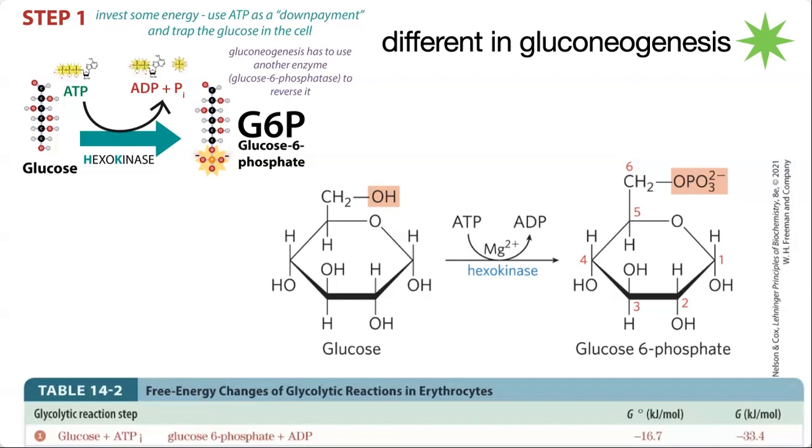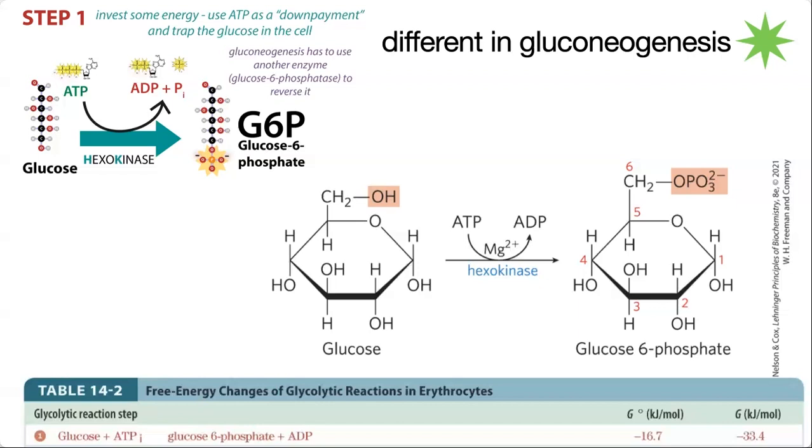And so we have this other enzyme, glucose-6-phosphatase, that's going to hydrolyze that phosphate. It's going to use water to break it off. Instead of trying to put a phosphate group back onto ADP from the glucose-6-phosphate, it's just going to cut that phosphate off. So glucose-6-phosphatase is the enzyme that's going to do this.